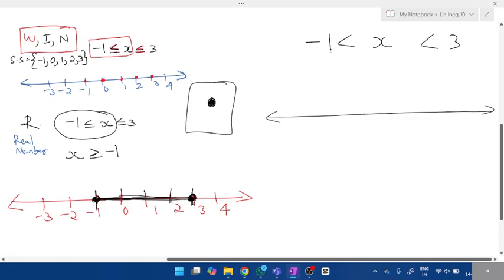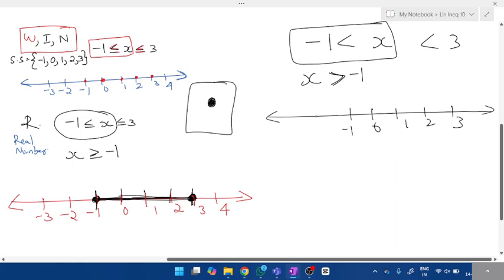Okay, now for this question, what is the solution set? Tell me the solution set, students. Rewrite this equation. I want x on the left hand side. So x is, which side is the arrow? Greater than -1, right? So x lies after -1. What are the values greater than -1? 0, 1, 2, 3.